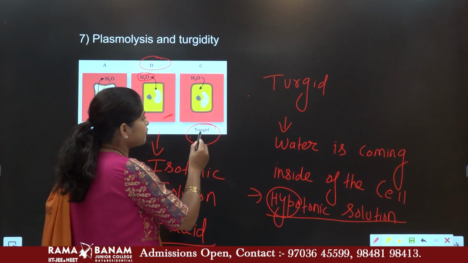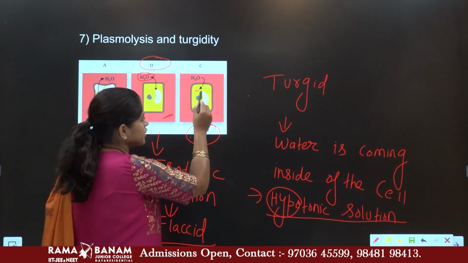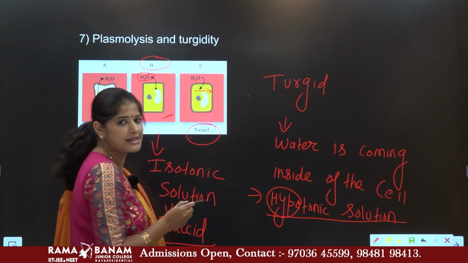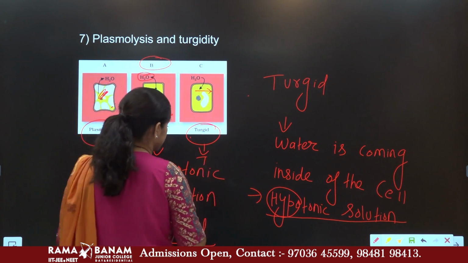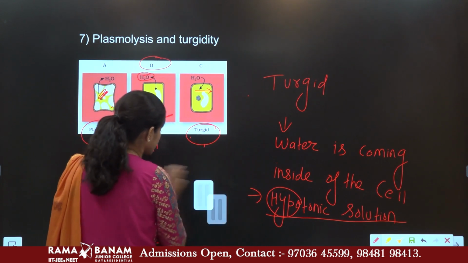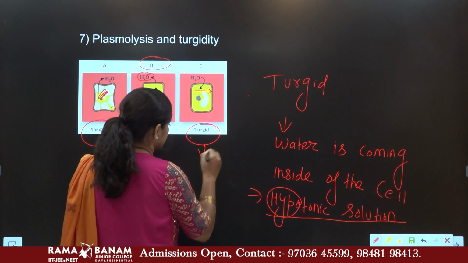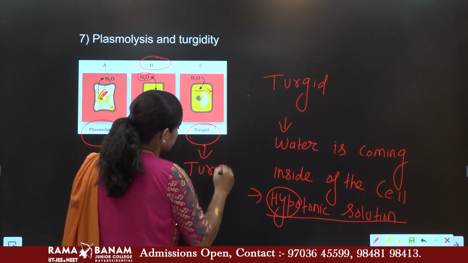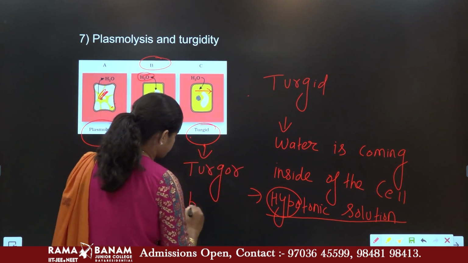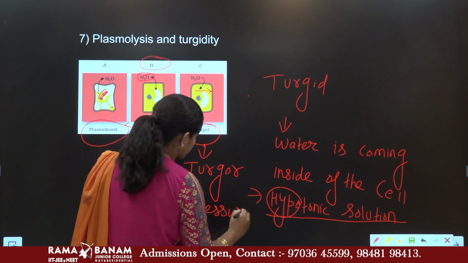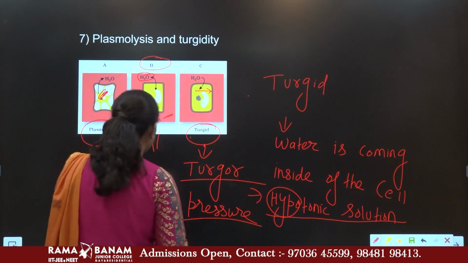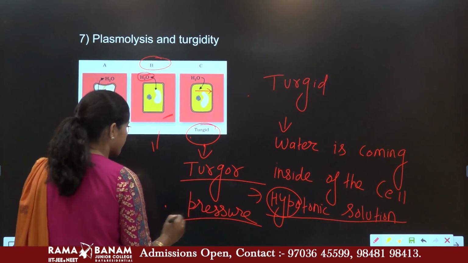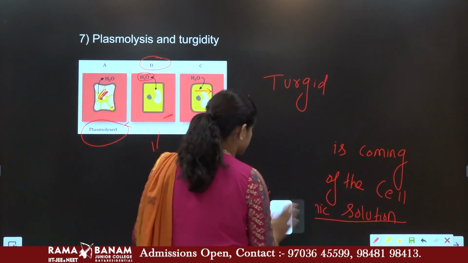And turgid cell puts pressure. Where does it put pressure? It puts pressure against the cell wall. That is called turgor pressure. Turgor pressure is equal and opposite to wall pressure.